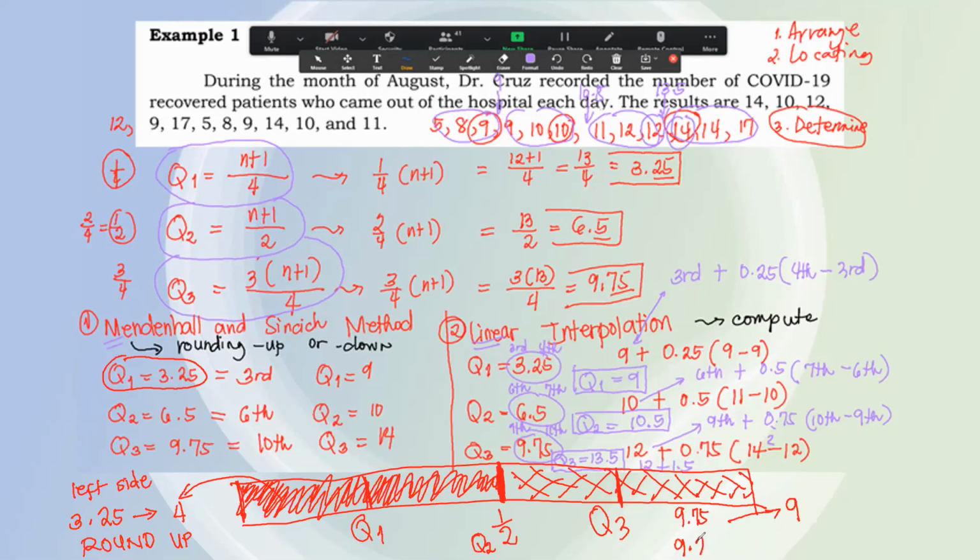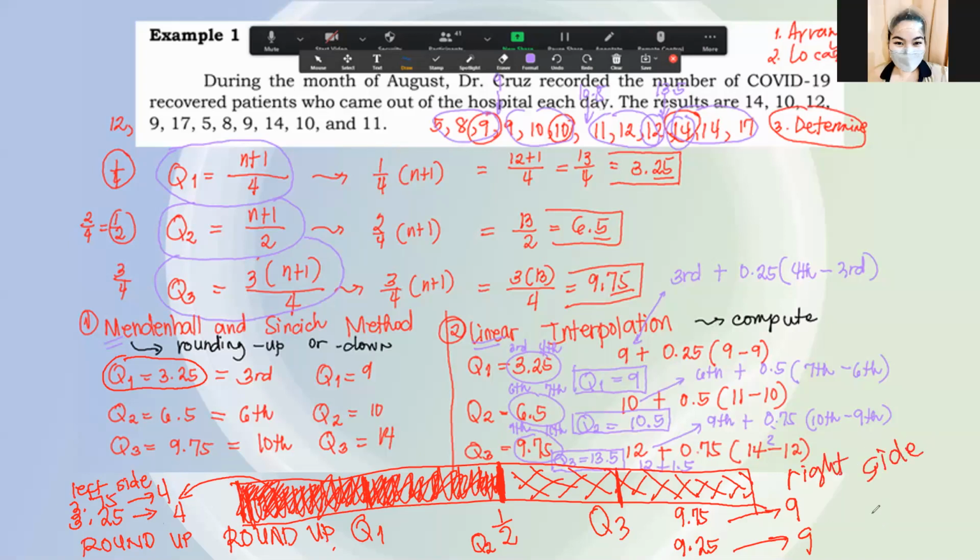Paano kung 9.25? 9 pa rin. Paano kung 3.75? 4 pa rin. Okay? So as long as it is in the left side, mag-round up ka. And as long as it is on the right side, mag-round down.